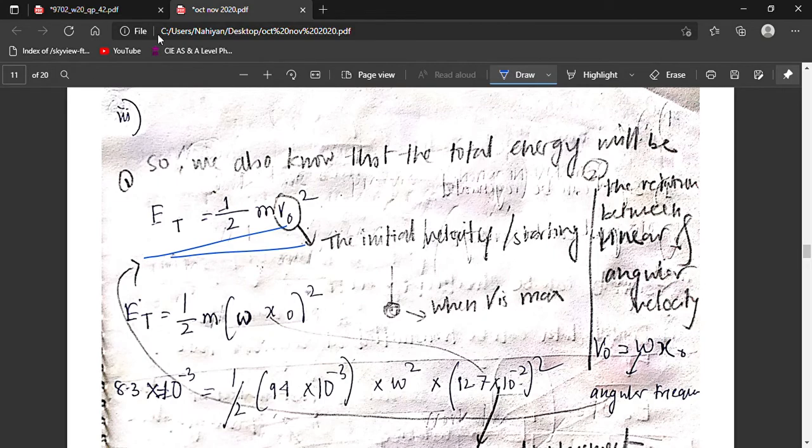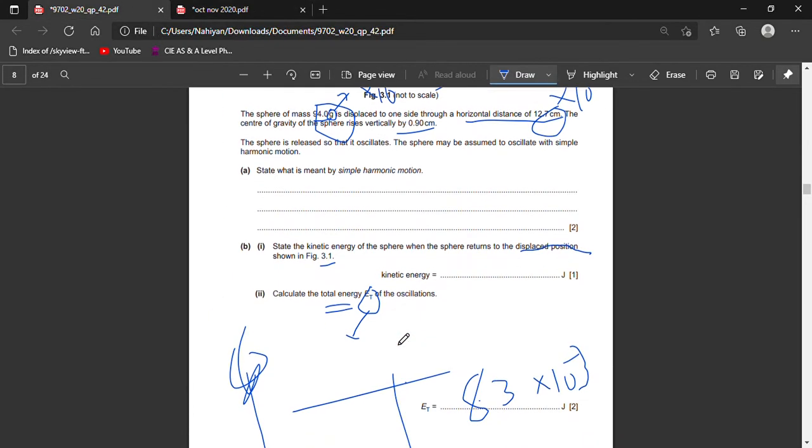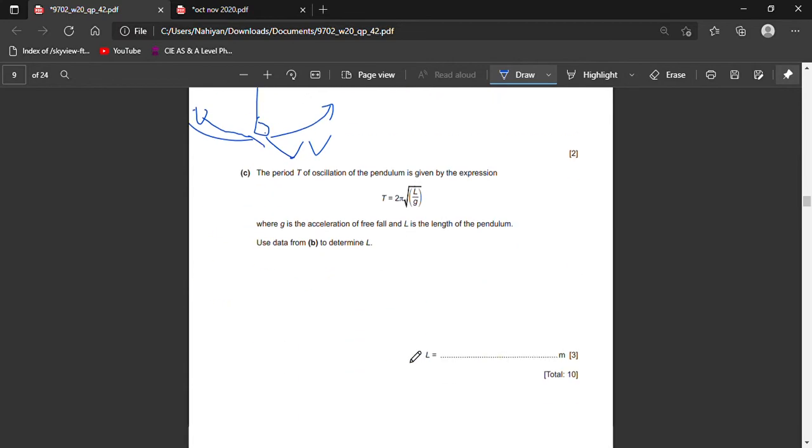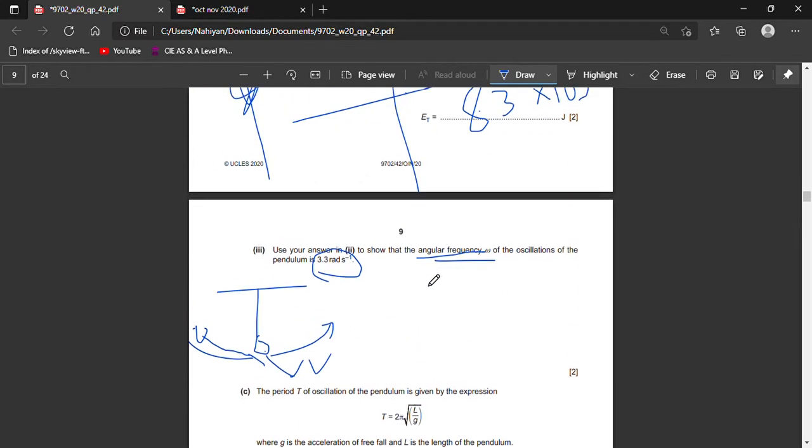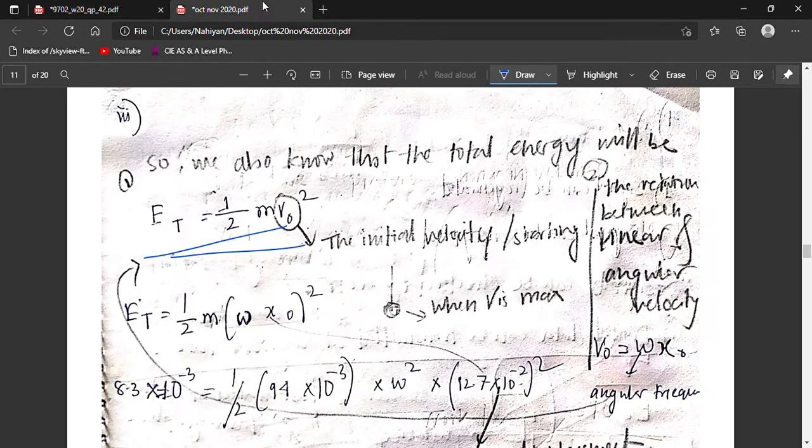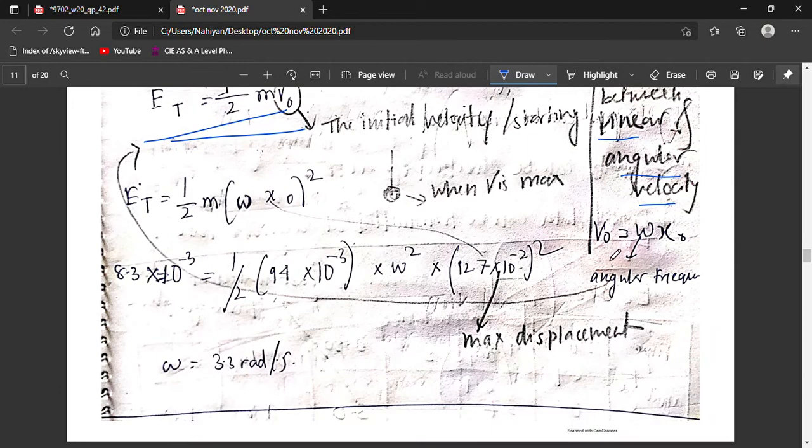Now we also have to bring in the angular relation, the angular frequency. We know the relation between the linear and the angular velocity goes like this: the velocity is the angular frequency into the displacement.